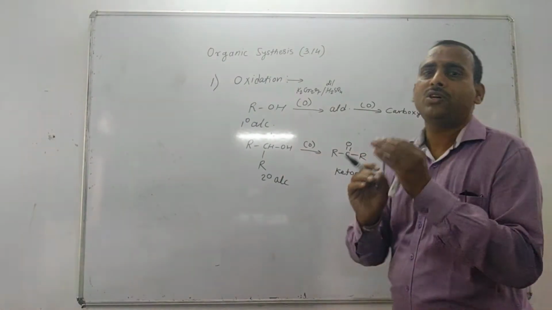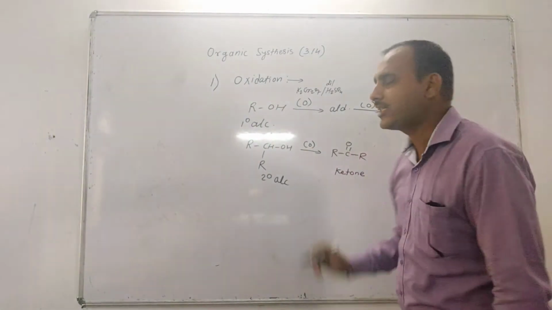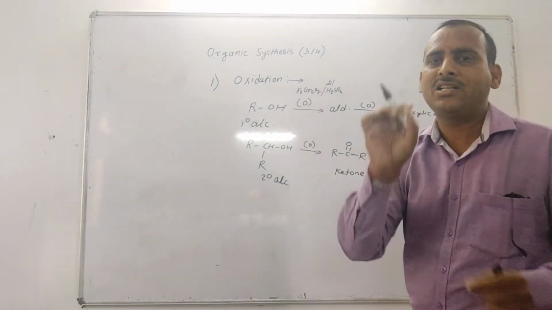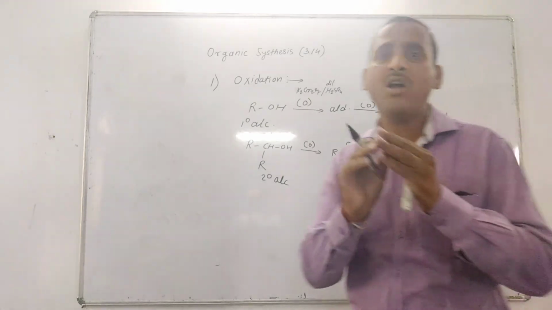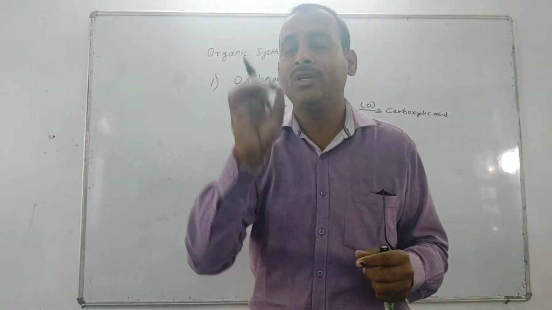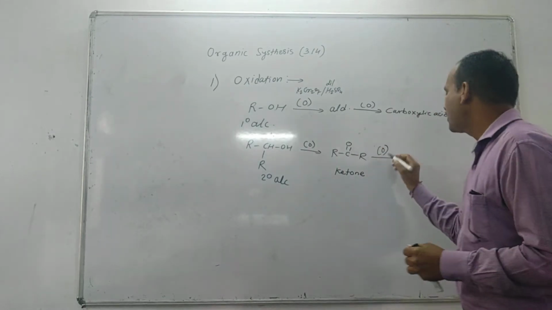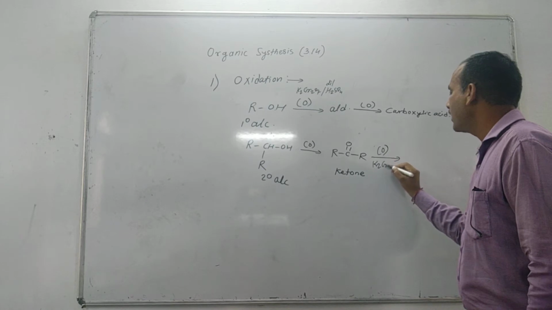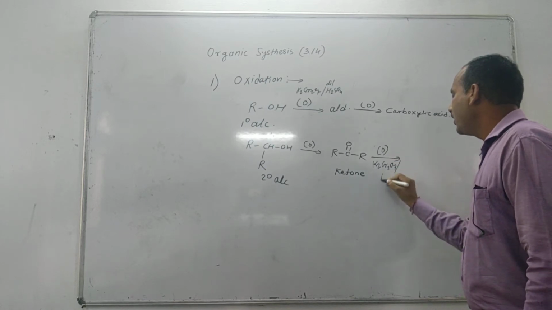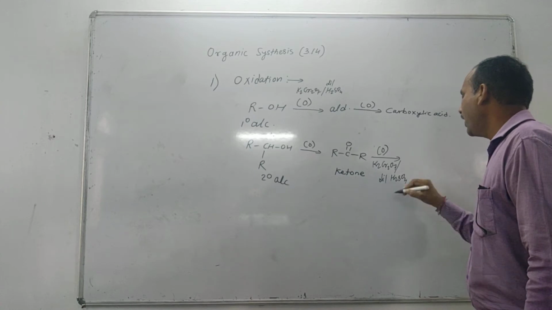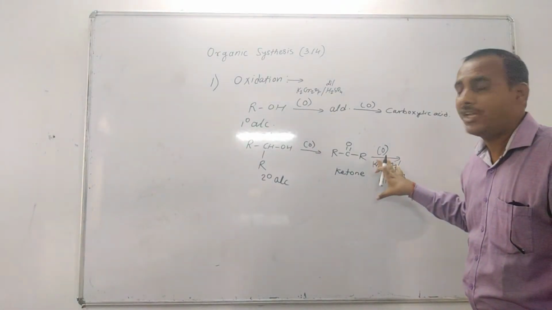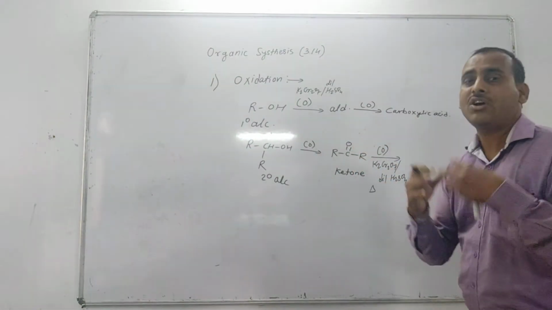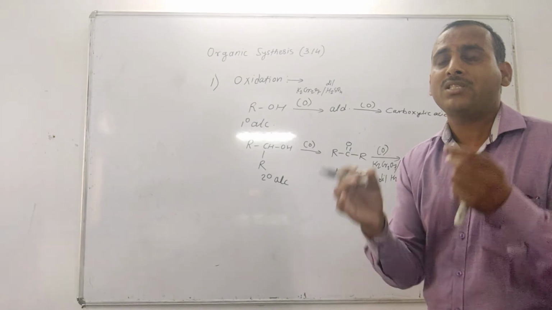If you want to oxidize this ketone to carboxylic acid, it is also possible, but only at drastic conditions, meaning after long or strong heating, again using the same oxidizing agent, K2Cr2O7 dilute H2SO4. So by using this strong oxidizing agent, ketone is also oxidized, but only under strong heating conditions, meaning drastic conditions.